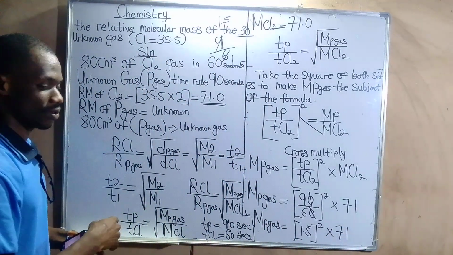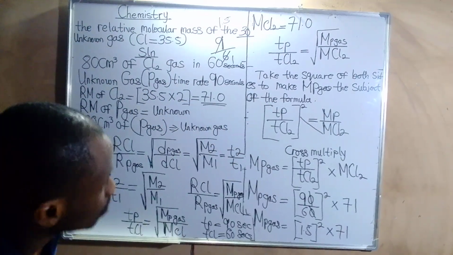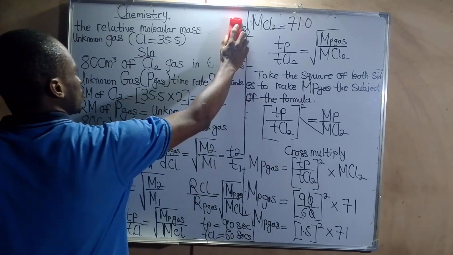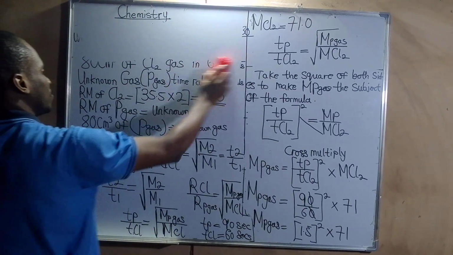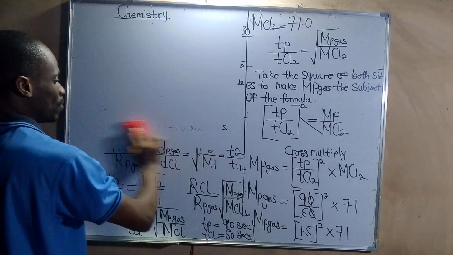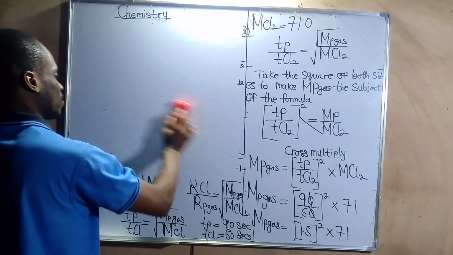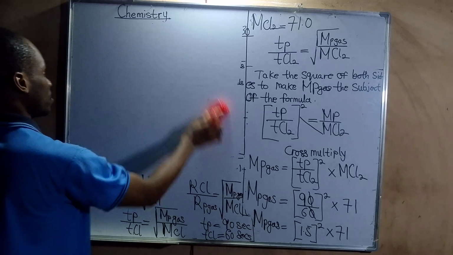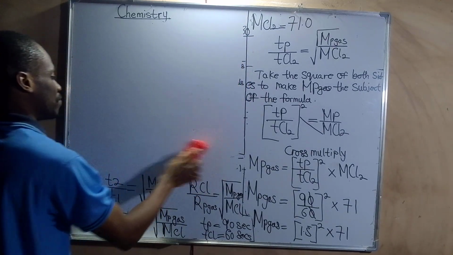So wiping this off now, to continue my calculation. I know some of you will be like, all these things are so bulky. Well, it's bulky because you are learning it for the first time.